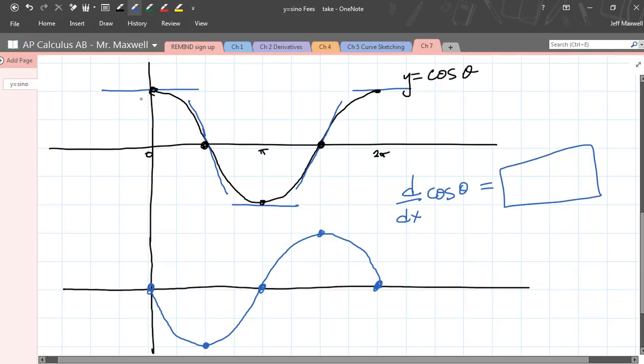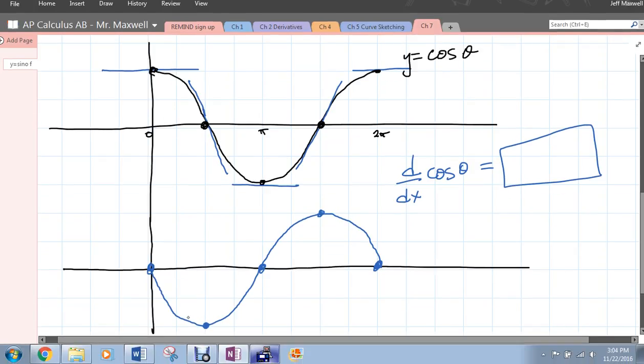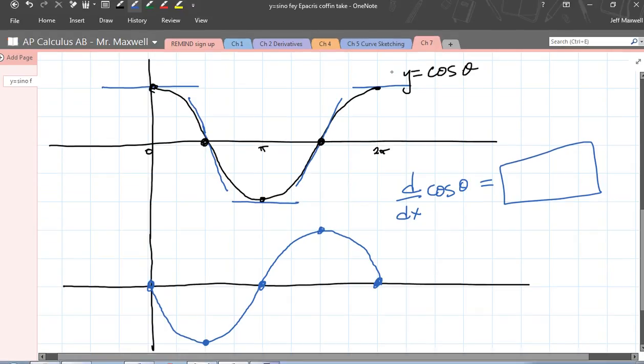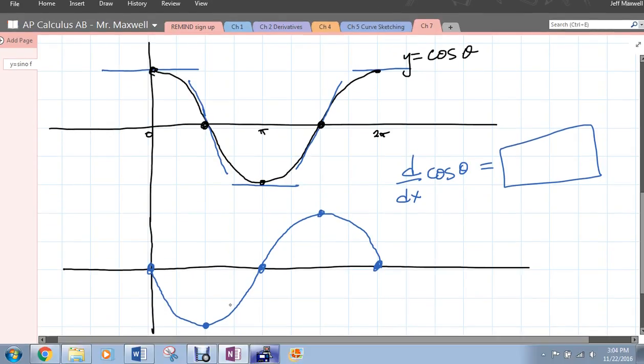Alright, so again what you want to do is spot your derivative lines. Where is the derivative 0, where is it positive and negative 1, and plot those lines, and then you can translate that. So if you look down here, this is sort of what it looks like for the first period of cos. And what does this look like? Yeah, it looks like a sine graph that's been flipped upside down.